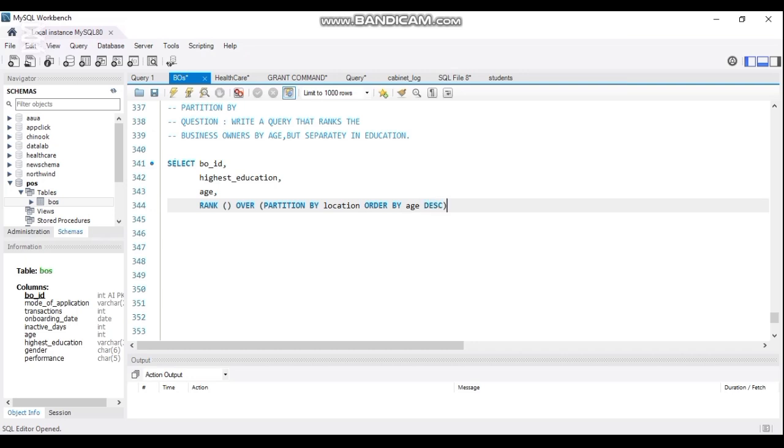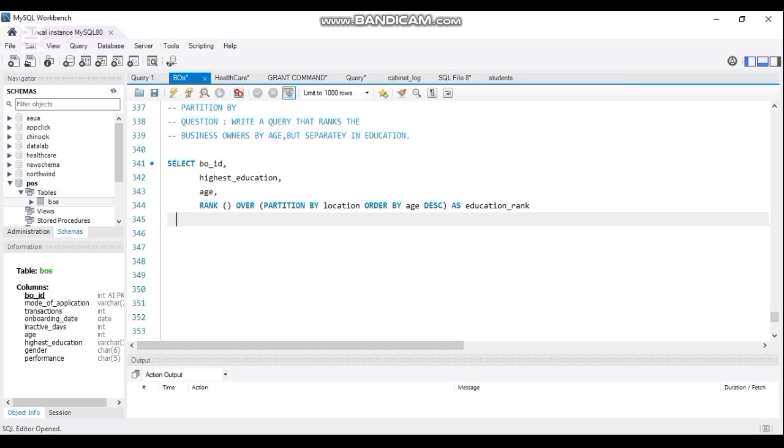Let's just use descending order, from the biggest to the smallest, from the highest to the lowest. And we are going to rename that as our ranking. We are going to rename it as, let's say, the education rank, from the BOs table that we have been using.